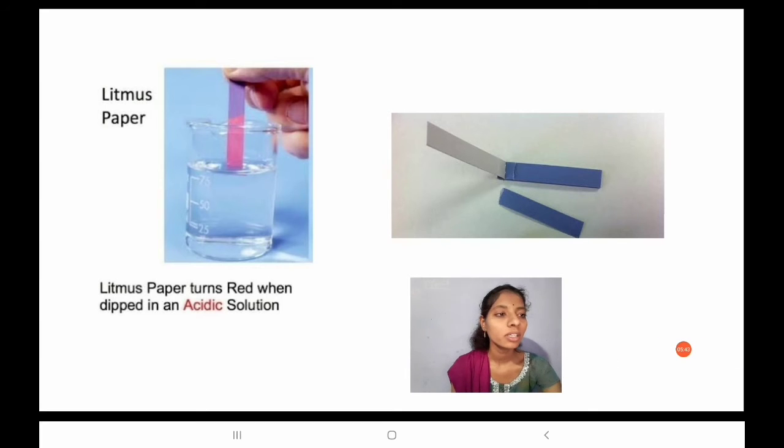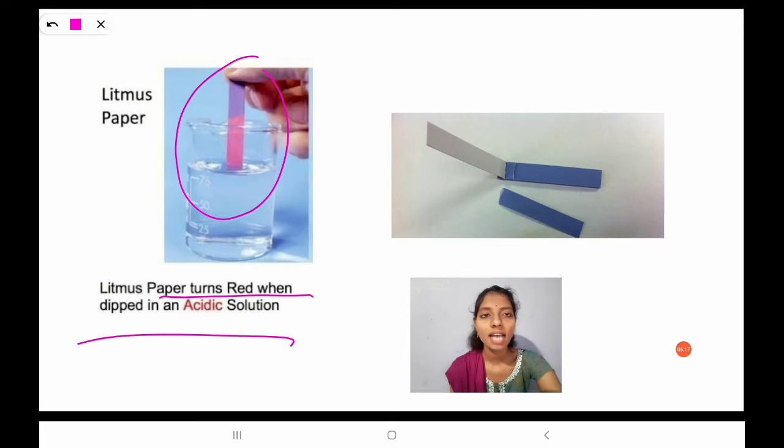When we keep the red color litmus paper in the acidic solution, the color of the litmus paper remains red only. The color is not changed because the solution is acidic. But the blue color litmus paper turns red when dipped in an acidic solution. So that indicates that the solution is acid. You can observe here the blue color litmus paper is changed into red color.